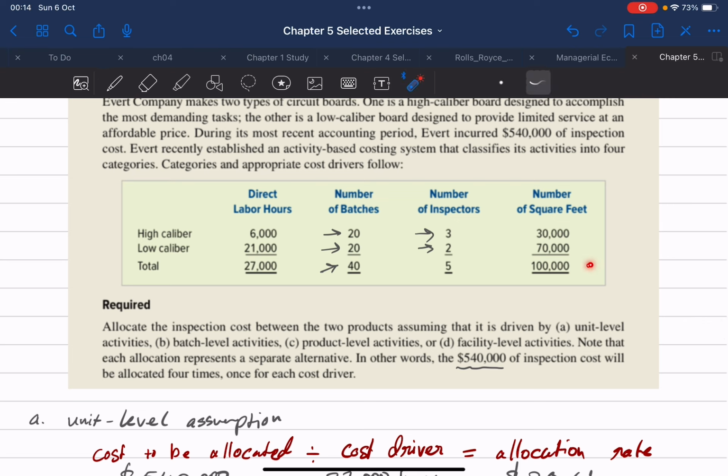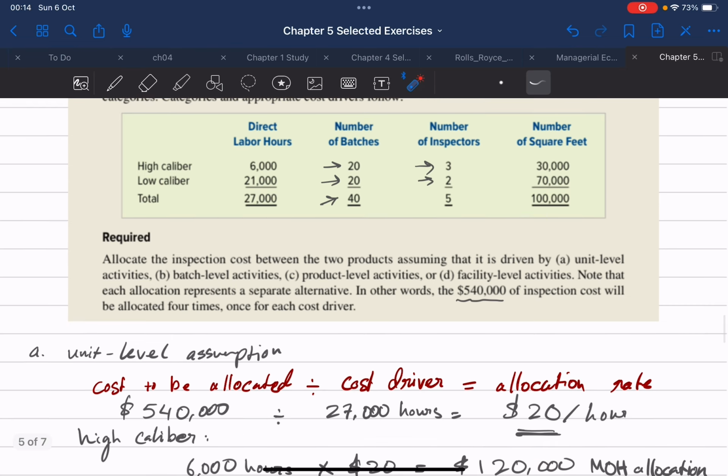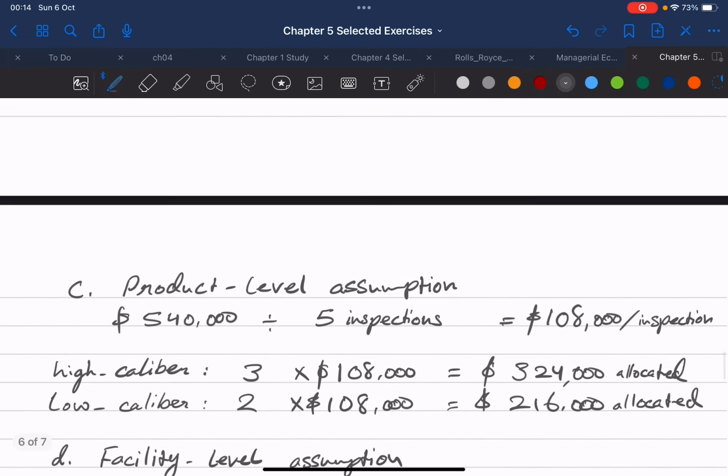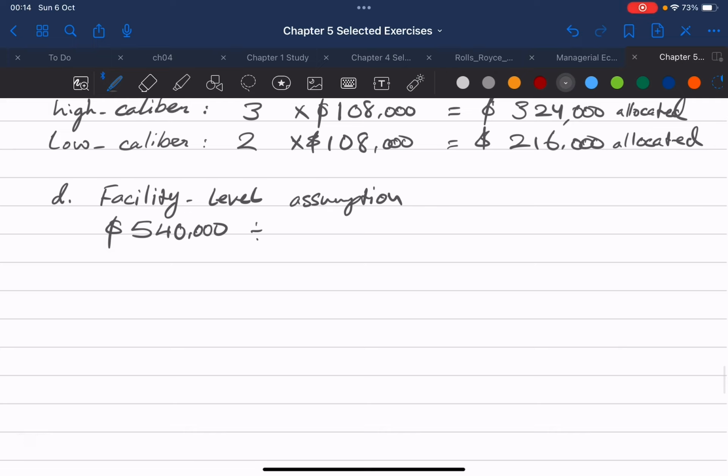What is the total number of square feet? 100,000. So we're going to use that. That will give us our allocation rate. So let's run the numbers. 540,000 divided by 100,000. That's 5.4. So $5.4 per square foot.